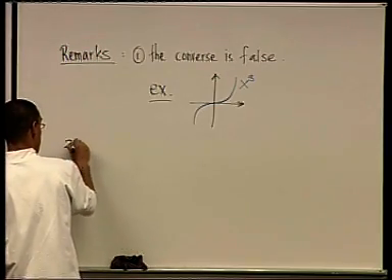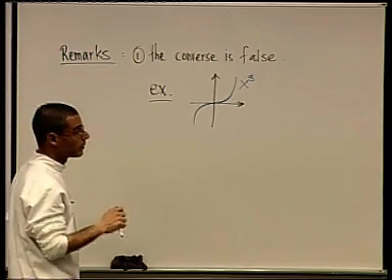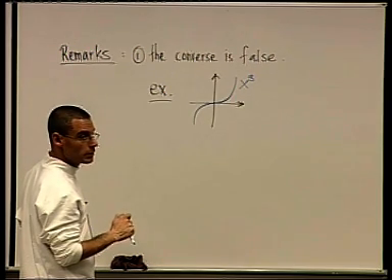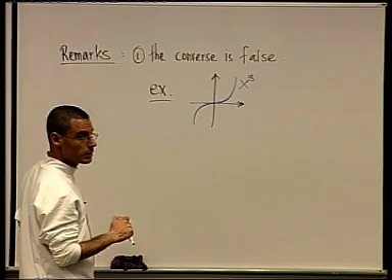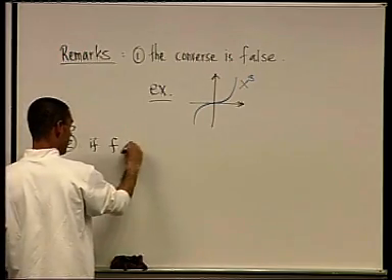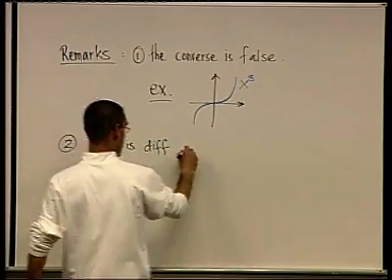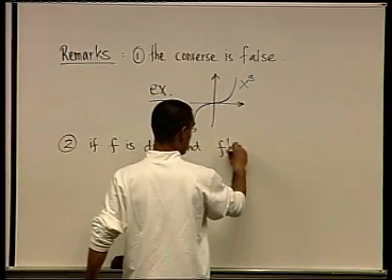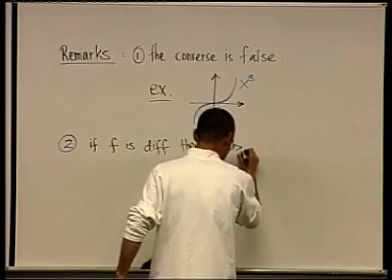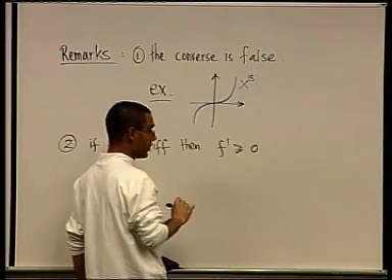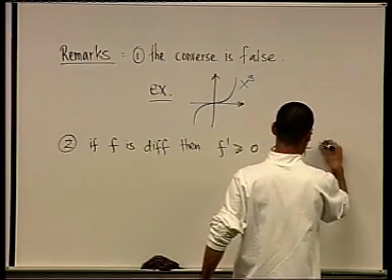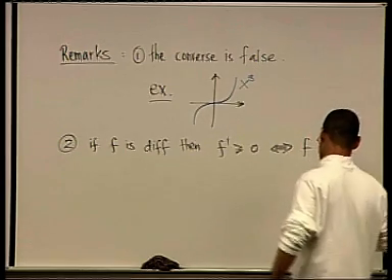And another remark. We cannot add here including 0. What do I mean? Including 0 means that the derivative can also be 0. That's my second remark. If f is differentiable, then f prime greater or equal to 0 if and only if f is increasing, not strictly.